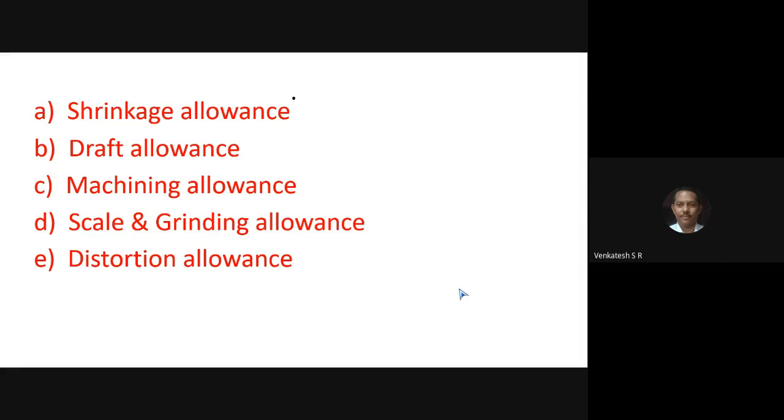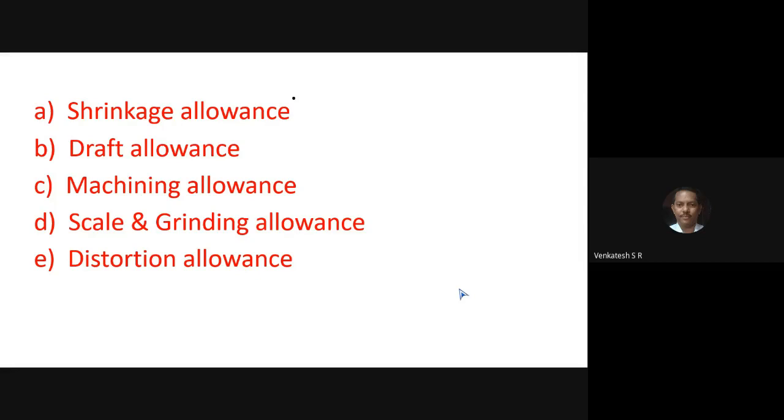Subdivision C, machining allowance. Next one, write down D, scale and grinding allowance. Last one, subdivision E, distortion allowance.